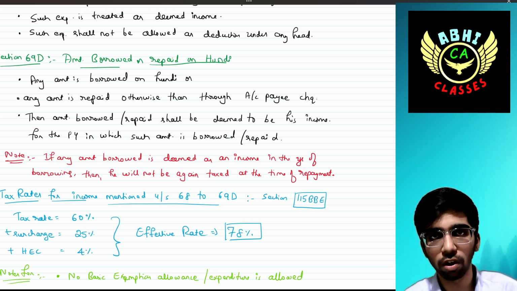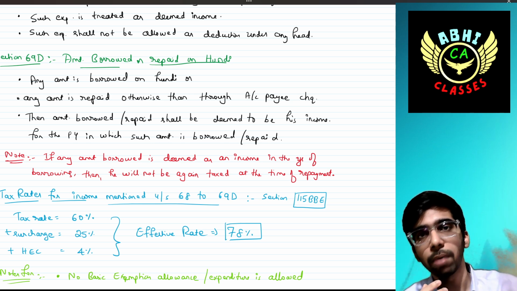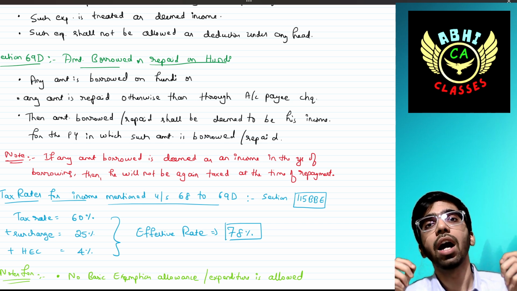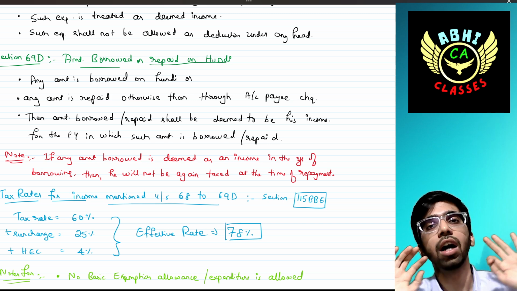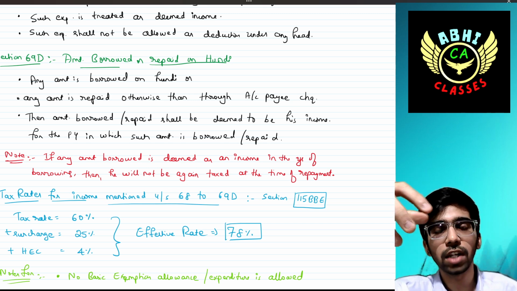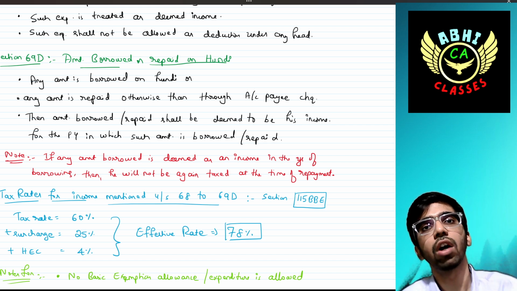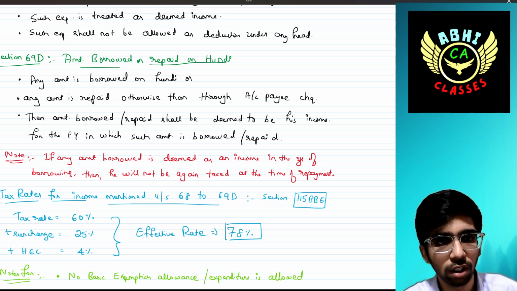Then at the time of repayment of that borrowed amount, it shall not be treated again as deemed income, because it has already been charged as deemed income, right? To avoid duplication of taxes, the government brought this point. Okay, I think you have understood this.